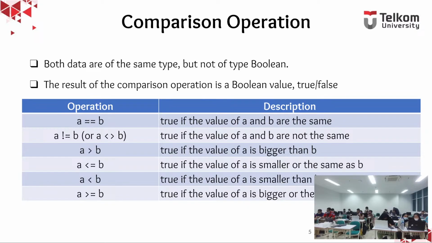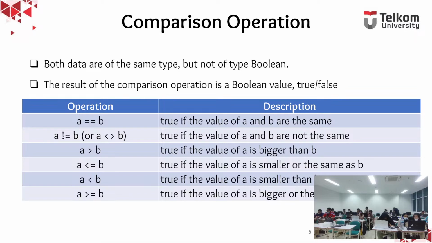Next, comparison. We can also perform comparison operations with Boolean variables. This results in true if both variables have the same value, both true or both false, so the value of A and B are the same.